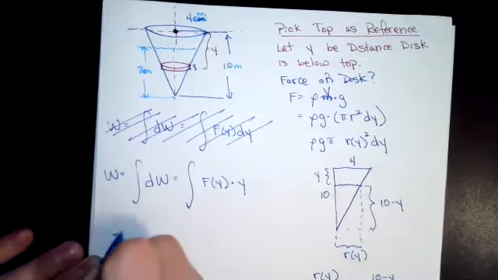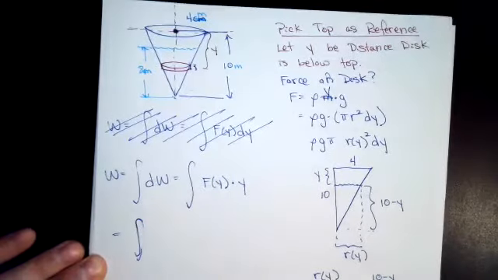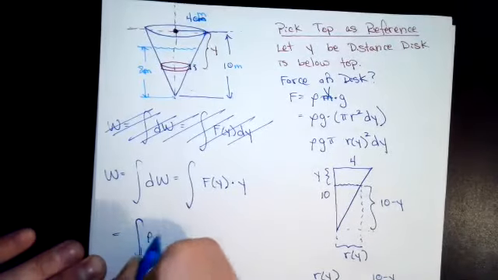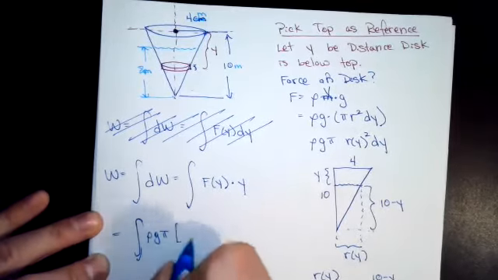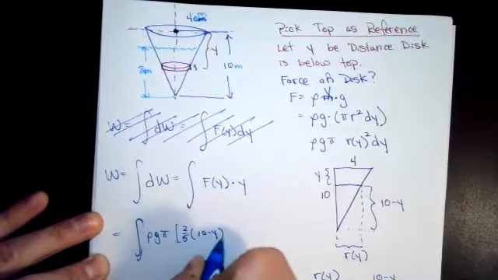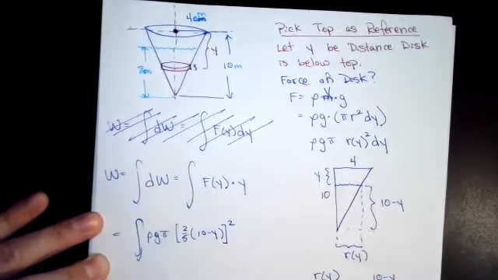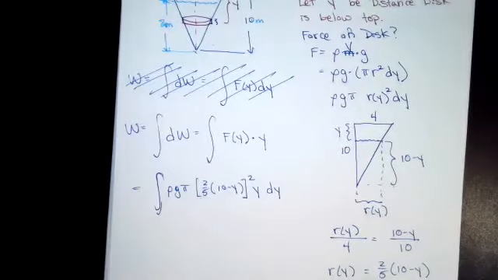So the work should be, let's see, we've got rho, we've got g, we've got pi, those are all constants. We've got our radius squared for the area, and then I'm moving that a distance y, and the dy comes into play from the width of those guys.